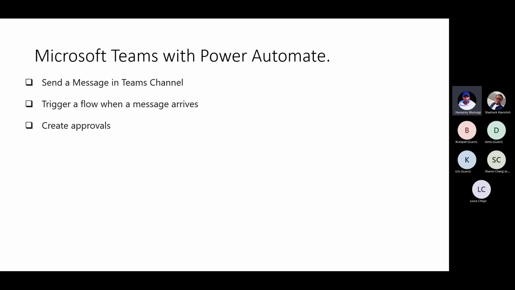Okay. Also, you can leverage Power Automate using Microsoft Teams. You can use Power Automate to send messages to a Teams channel. Maybe there's a certain message you send at a certain time or a certain day.